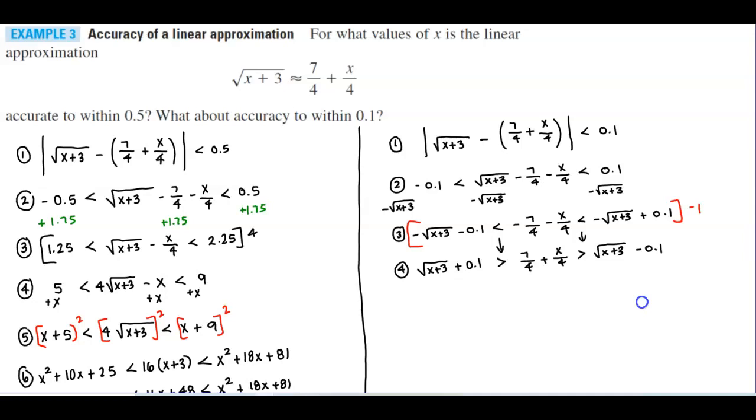Okay, and so now we're going to rewrite the inequality. We're going to write this over on this side, so we have square root of x plus 3 minus 0.1, and that's less than 7 over 4 plus x over 4, and then that's less than the square root of x plus 3 plus 0.1.